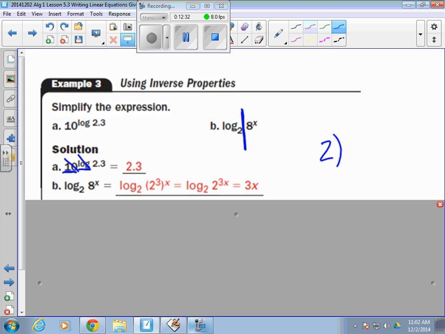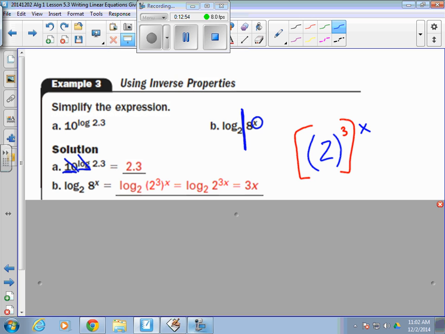That's what you're asking yourself. 2 to what power gives you 8? We know 2 to the 3rd power is 8. And that's still being raised to the x power. So it almost looks like this. I know that looks funny. That's why they only have it written as 2 to the 3rd power in parentheses. It's still, however, being raised to the x power.